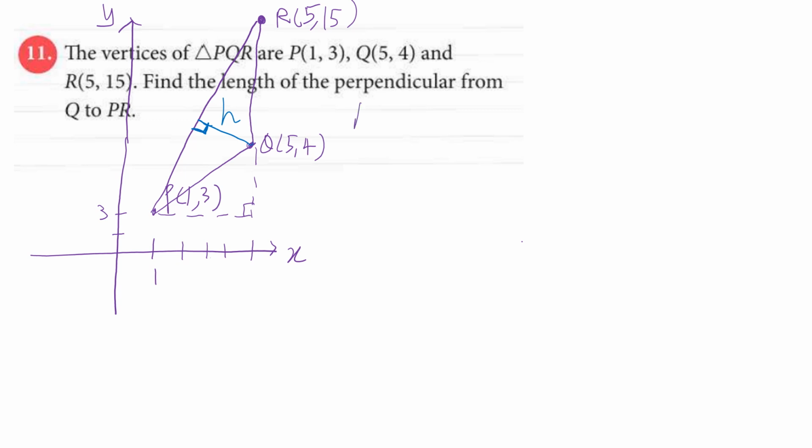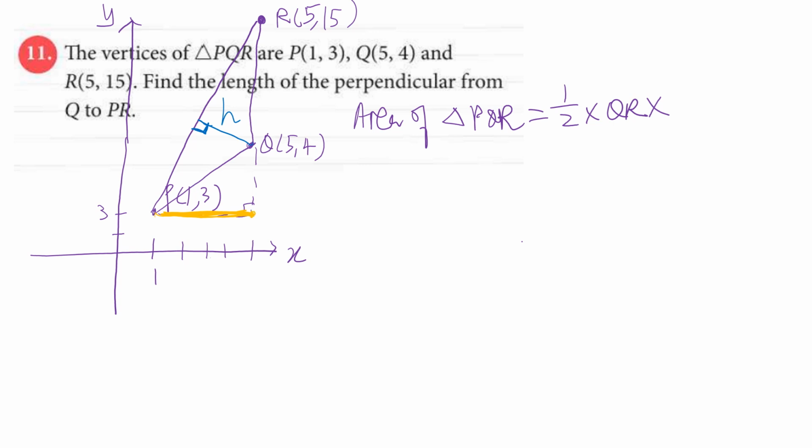Yes, we can actually find the area of triangle PQR using the base as QR, and the height will be this one here. This will be my height, which is my horizontal distance. From there, you can calculate how many units there are.